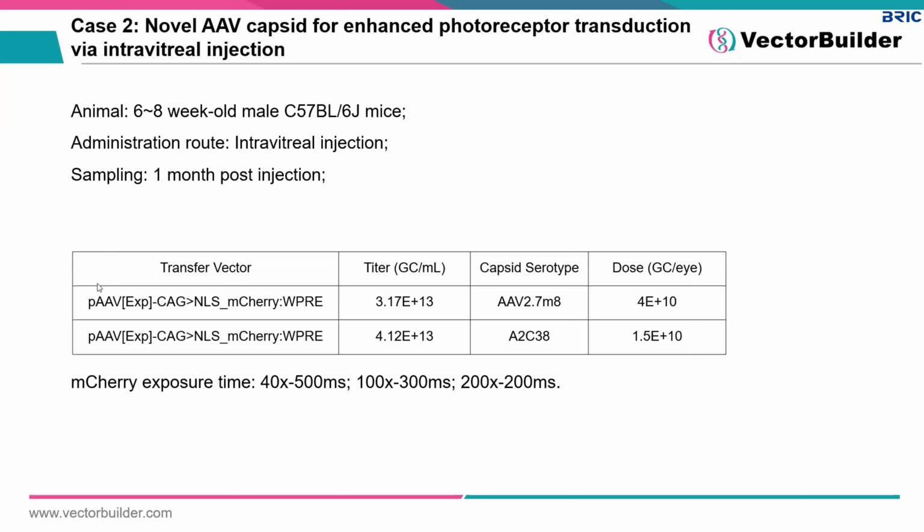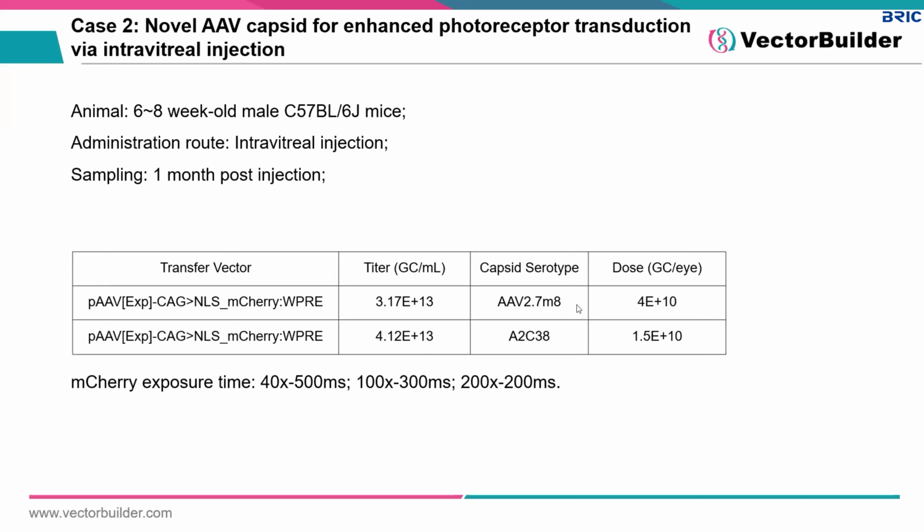We constructed a CAG NLS mCherry transfer vector to let us know that when the AAV has successfully entered the target tissues, we can observe the mCherry signals in the cell nucleus of the target tissues.